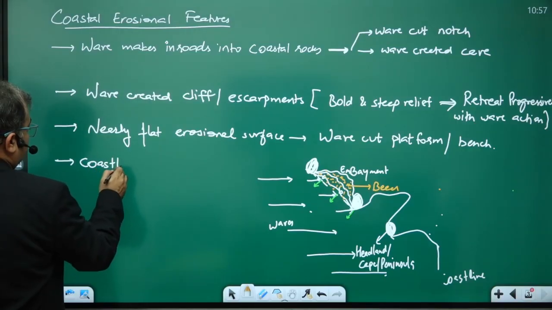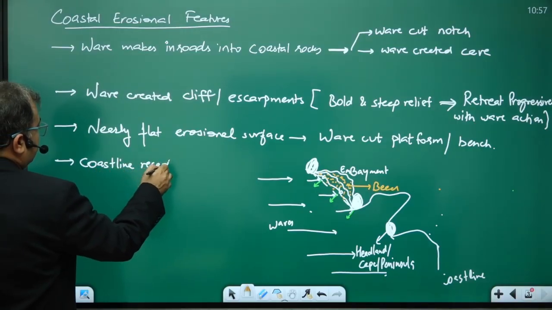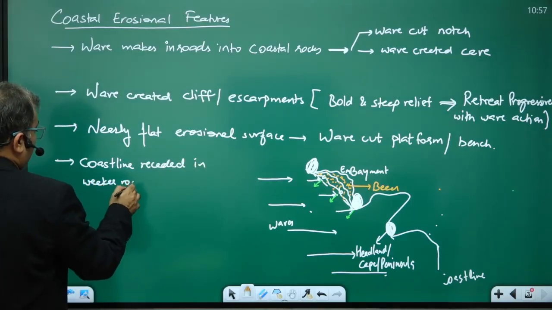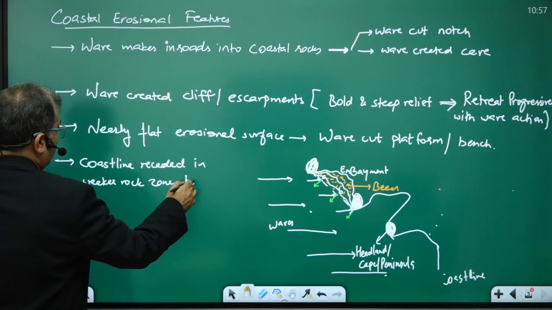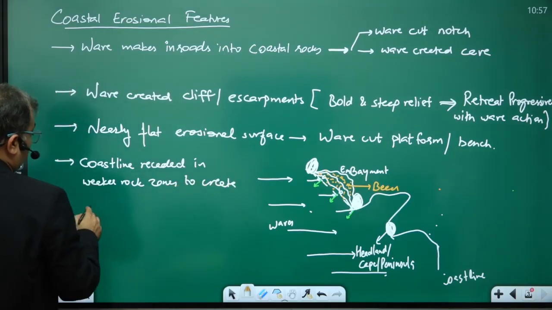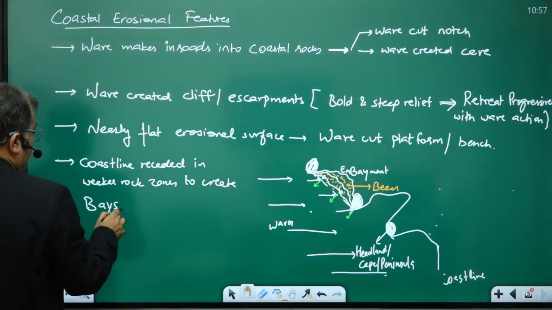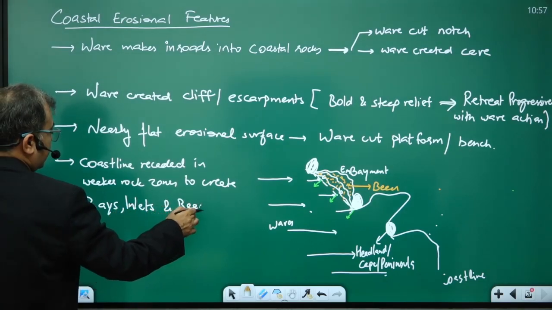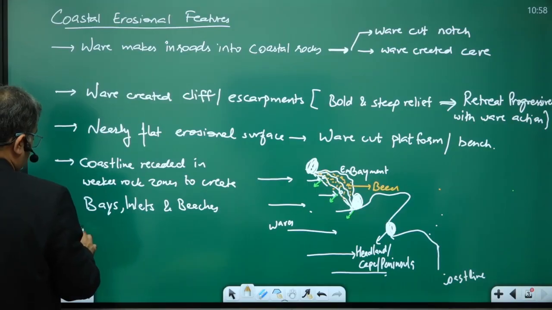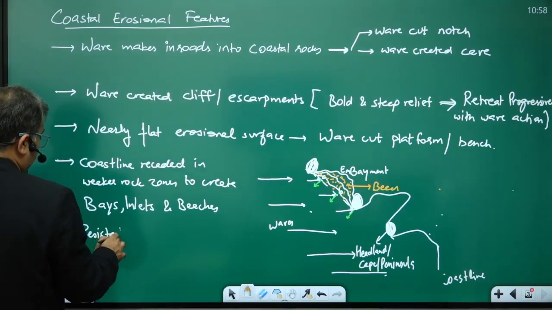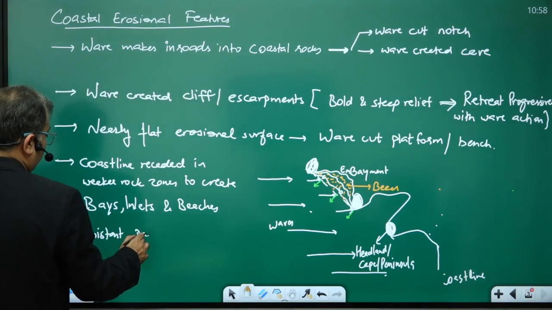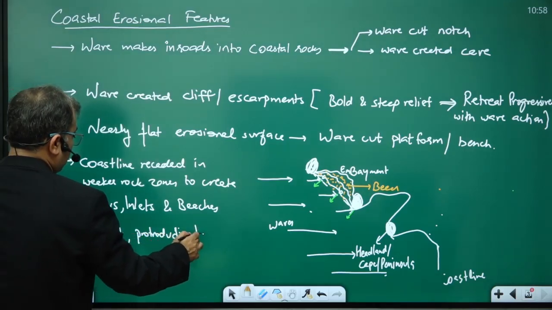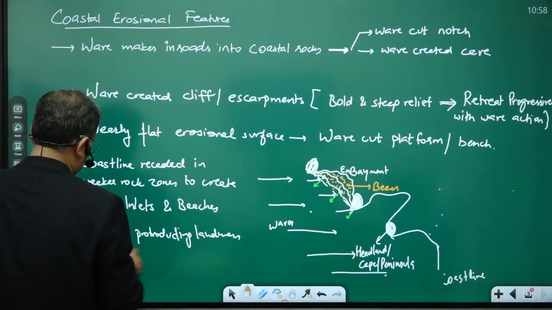Coastline recedes in weaker rock zones to create what? Bays, inlets and beaches. Resistant protruding landmass forms what?